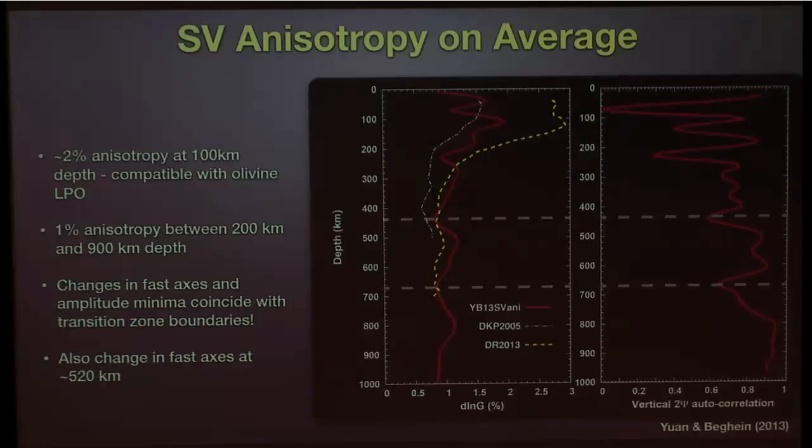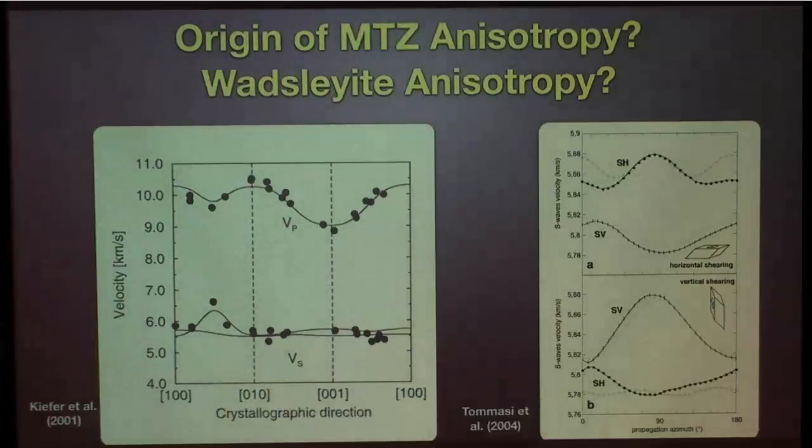So as we move from the upper mantle down to the transition zone, the anisotropy goes through a minimum, the phase direction changes, and then the amplitude re-increases a little bit. Then it goes through another minimum at 670, and the fast direction changes again. So that was very surprising. Still don't know what to do with it, and hopefully we'll have some good discussions about that here.